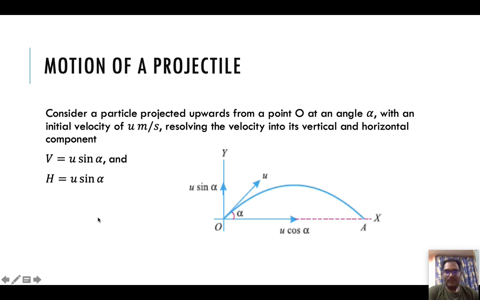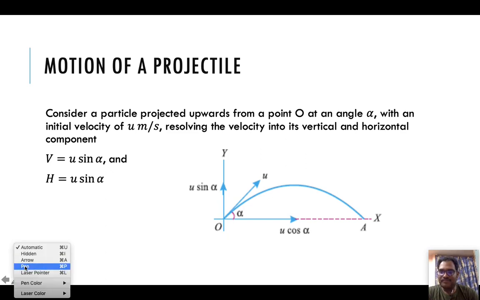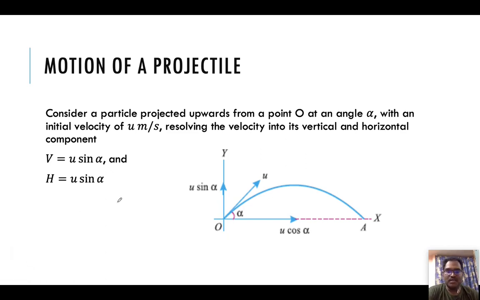Fine. So now we'll get back to the formulas. Before getting into the formulas, just consider this particular figure, and there's a very important terminology that has to be noted down. If you consider a particle, here you have a particle, this is the starting point and this is the ending point. So this alpha is your projection angle or angle of projection. This object has a velocity which is inclined, and this is the angle that has been created.